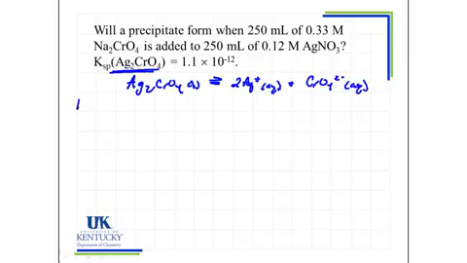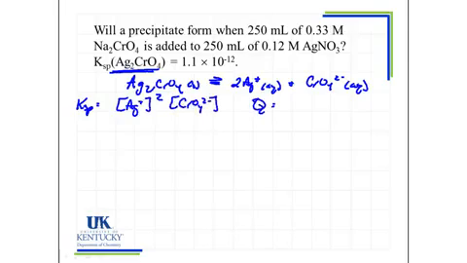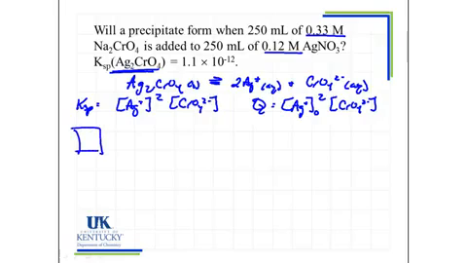We know that the KSP is equal to the silver ion concentration squared times the chromate concentration. And that would also be the Q expression if they were all initial concentrations. And that's what we're going to figure out. What are the initial concentrations of those? Now you will not take this and this number directly and plug them into those concentrations, because we have got two separate flasks, or beakers.